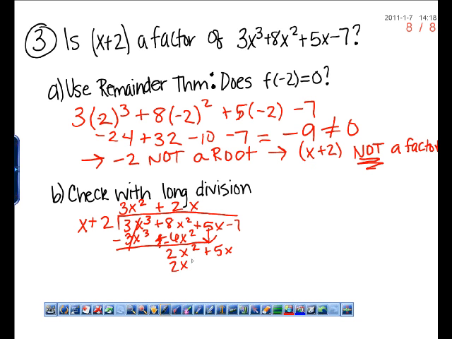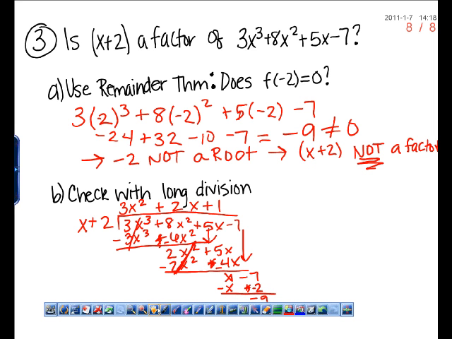That's what will get me 2x squared down here. Plus 4x. Change our signs. Cancel, and I get x minus 7. X times 1 will get me x. Then I'm going to have plus 2. I change my signs, and I'm going to get negative 9.